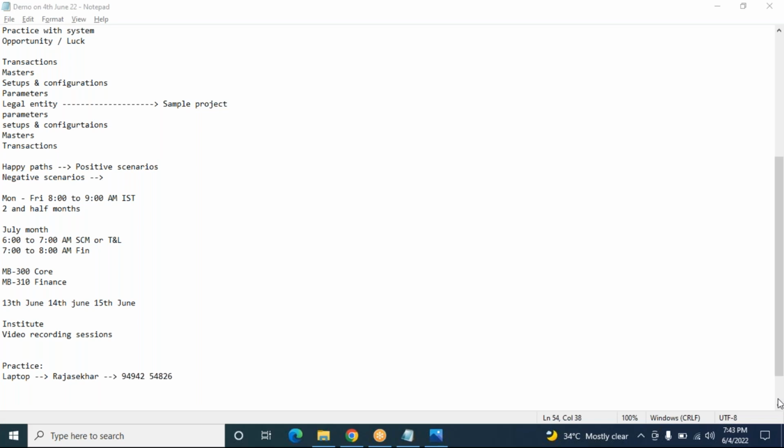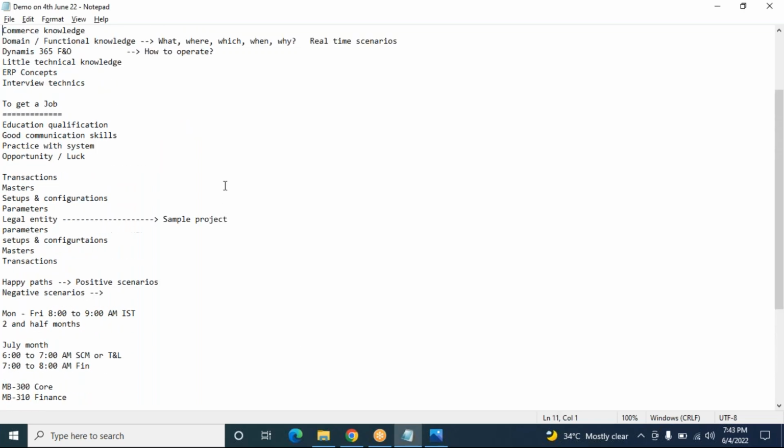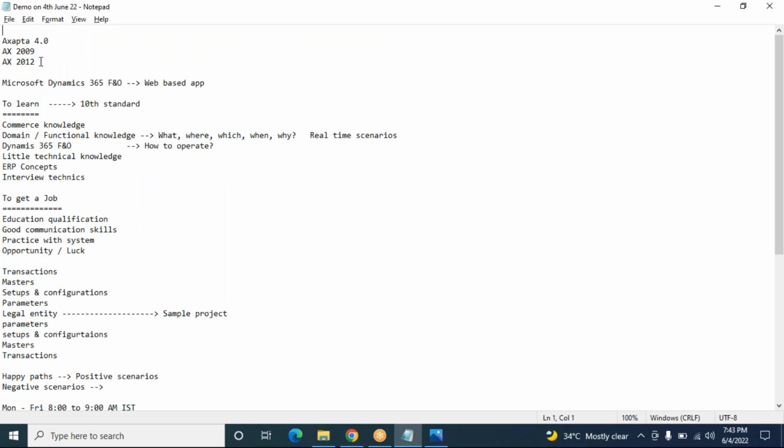When I called your institute yesterday for inquiry, they told me AX is different and AX functional is different. No, both are the same. Maybe the persons are confused. Earlier it was AX functional, and this is what you are learning. We are not technical consultants; you are not writing any code.